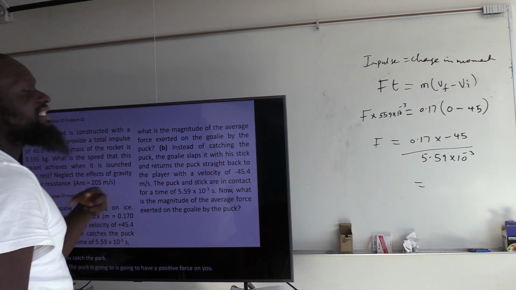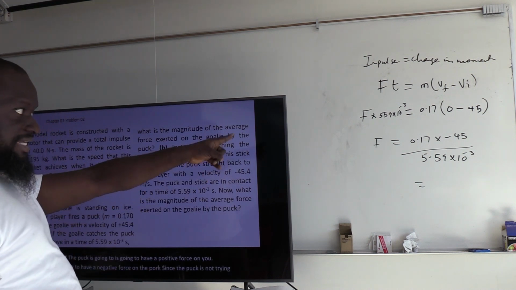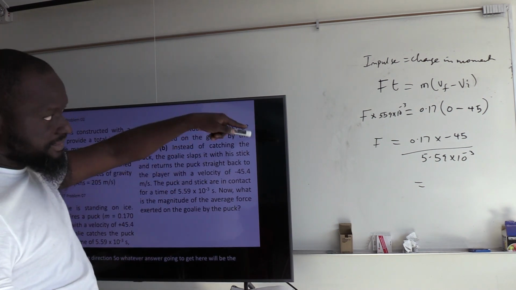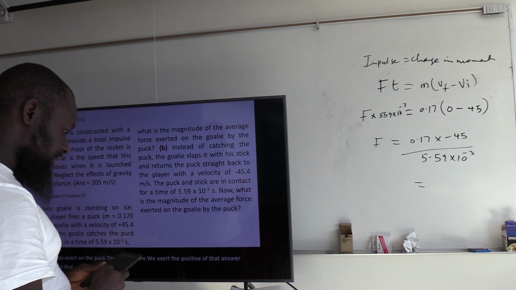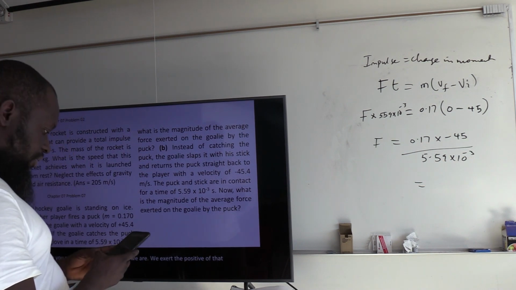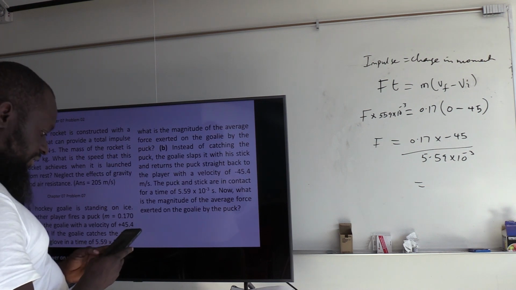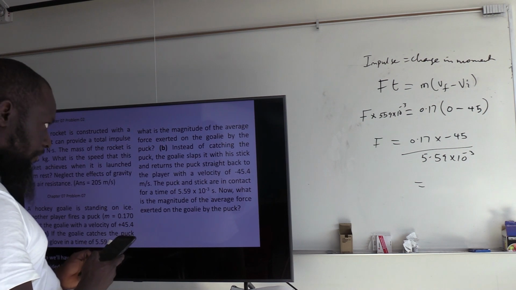You have a negative force on the puck, since the puck is the one traveling in the positive direction. So whatever answer we get here is the force you exert on the puck. The puck exerts the positive of that answer on you. So we have 0.17 times 45 divided by 5.59 times 10 to the power minus 3.